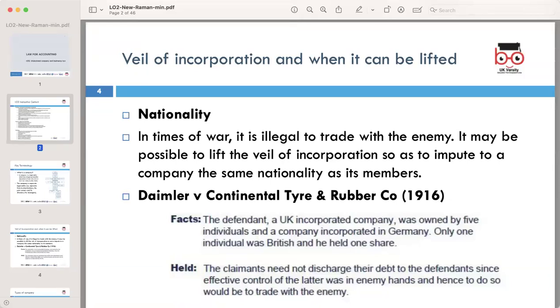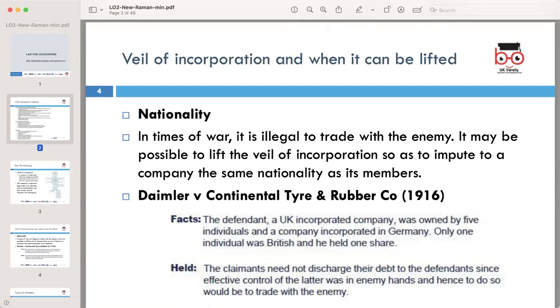The concept of the veil of incorporation emphasizes the legal separation between the company and its shareholders and directors. In certain circumstances, the veil of incorporation can be lifted, allowing the company's legal personality to be imputed with the same nationality as its members.